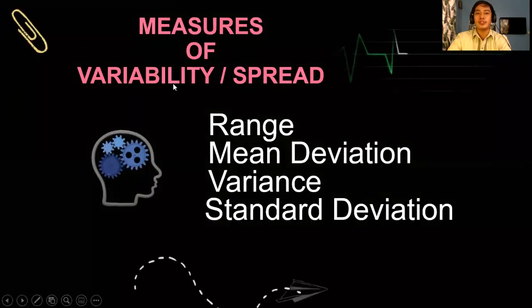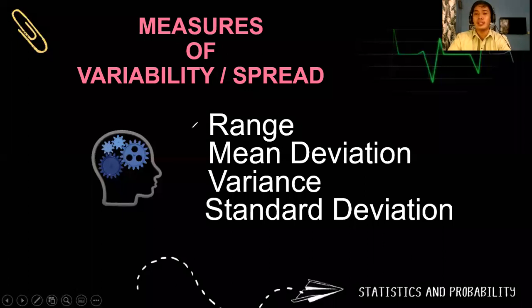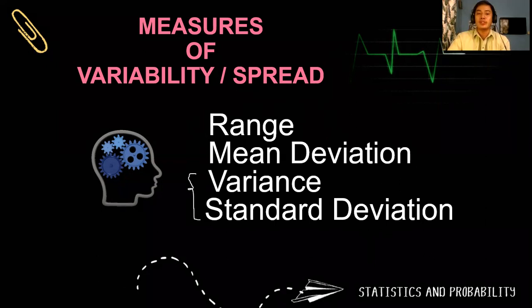Let's have the measures of variability or the spread. During your grade 7 and grade 8, your teachers discussed with you the range, the mean deviation, the variance, and the standard deviation. But among these measurements, it is the variance and the standard deviation which we usually use for statistical interpretation.